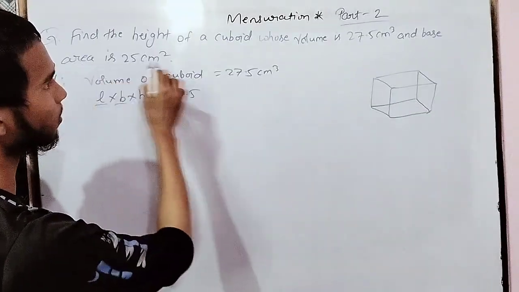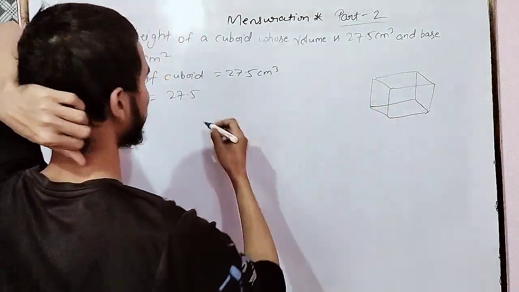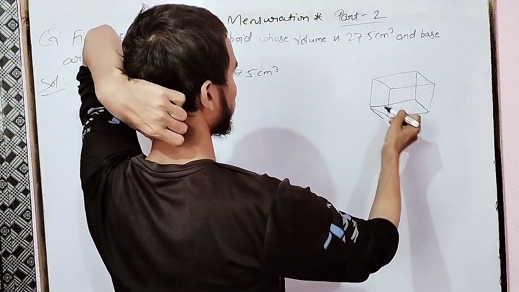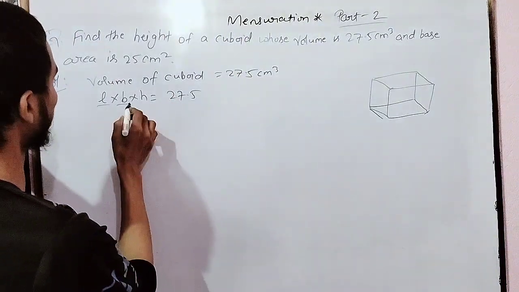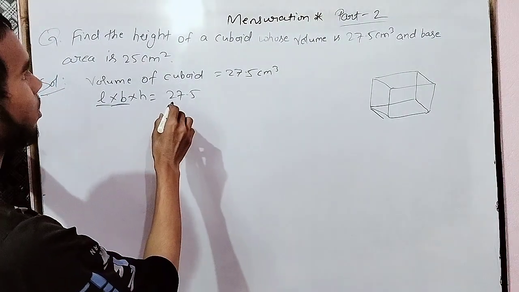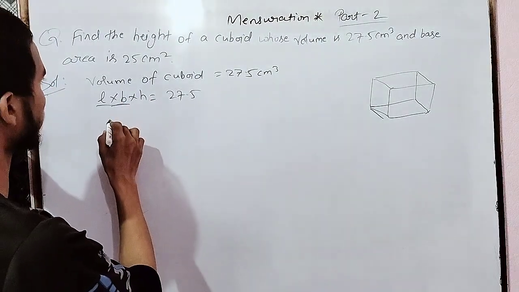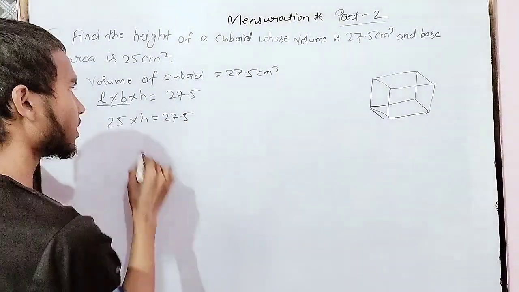Now we have a base. The base is what, except H? This is the length, L, and the width, both are 25. So 25 times H equals 27.5.